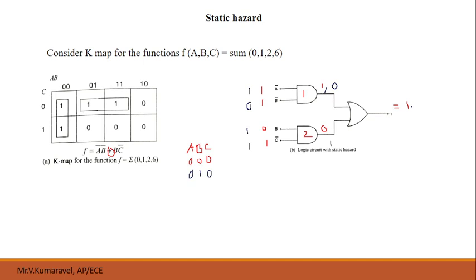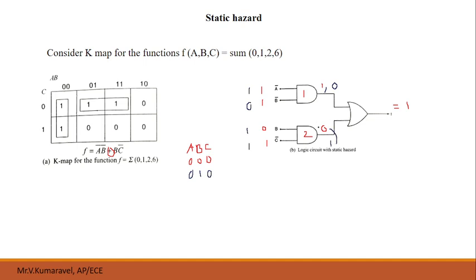But here what we have to understand is, when b changes from 0 to 1, the first AND gate output changes from 1 to 0. Let us assume the second AND gate takes some time delay to respond to the input. It will take time to change from 0 to 1.